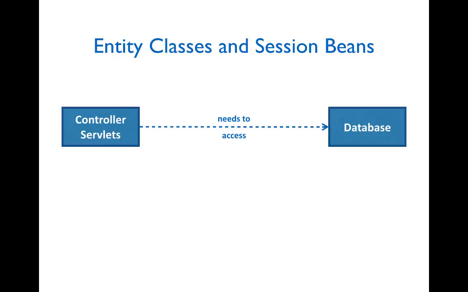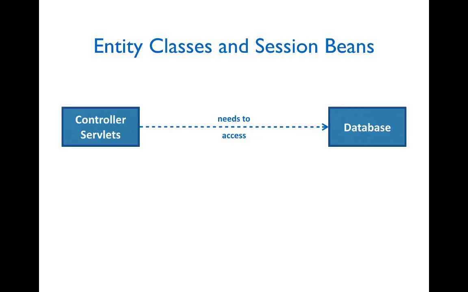Let's review the EJB-related technologies that we've talked about and put them into the context of a typical Java web application. We have some clients, in this case controller servlets, that need to access data from the database. We don't want to do this directly because databases use SQL and we want to work with Java objects in our servlets.